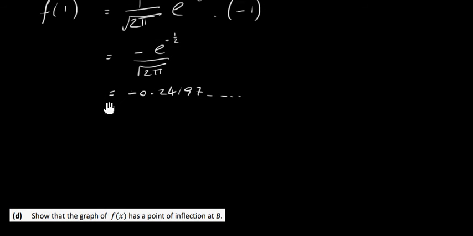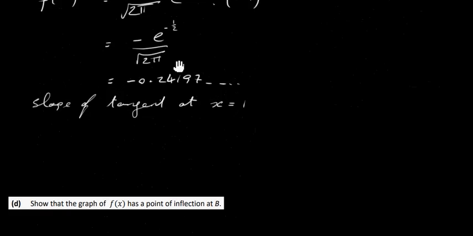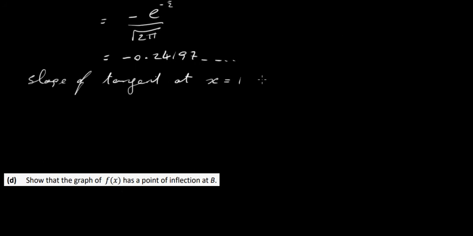So the slope of the tangent at C is negative. So the slope of the tangent at the point x is equal to 1 is negative. So you can say that the slope of the tangent at x is equal to 1, or C, yeah, is negative.